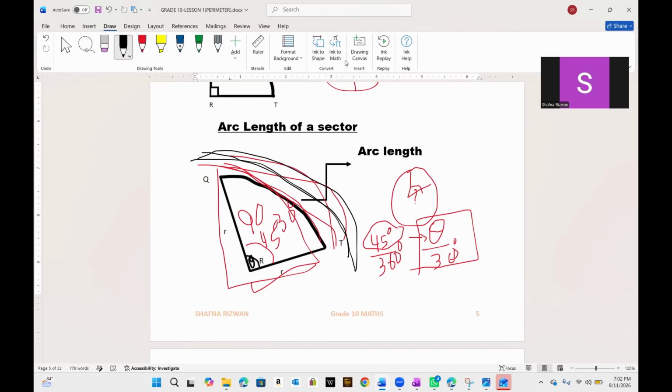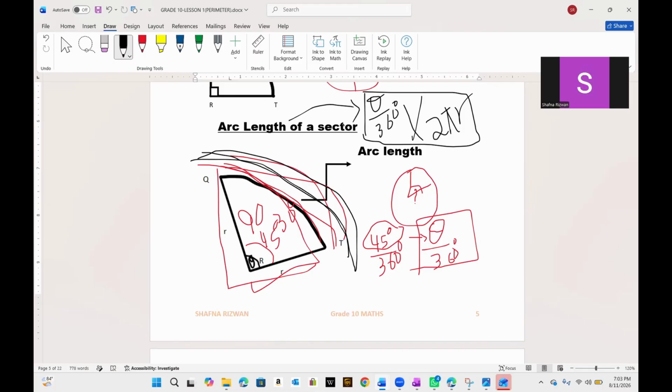That is 2 pi r. Theta over 360 is how much of the circle we are taking, from the whole circumference, so we multiply. So what is the formula of arc length? Theta over 360 into 2 pi r.